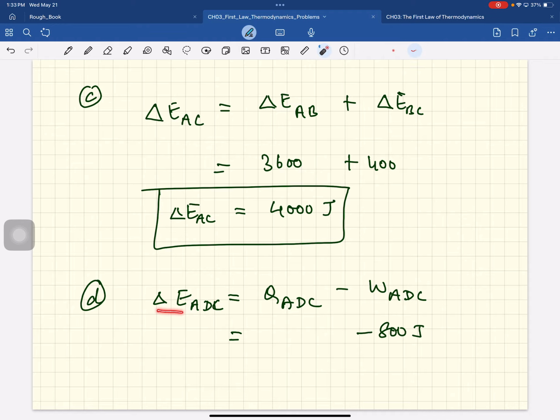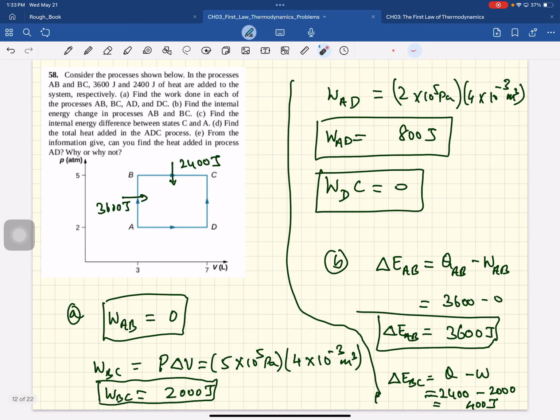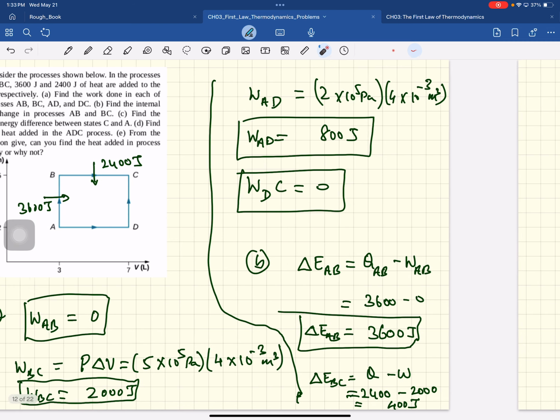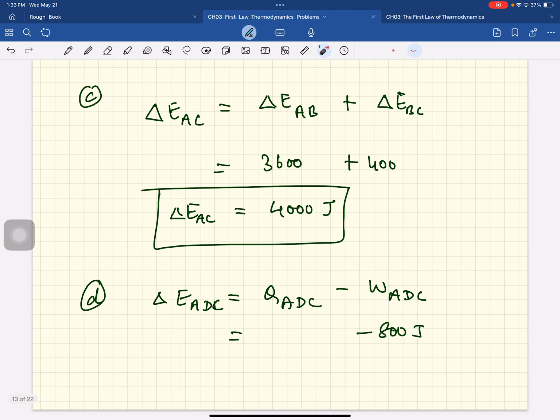How much was the internal energy changed in the ADC process? It's the same as that process, which was 4000 joules. So along that path, 4,800 joules of heat was added.